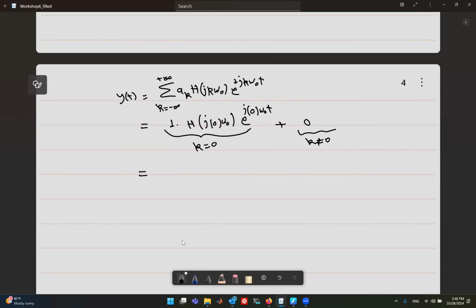So this term is when k equals 0. So those are multiplied by 0, those are multiplied by 0. So we'll have this one, times h at 0 times 1, because this exponential will be 1. So what's the value of h at 0?